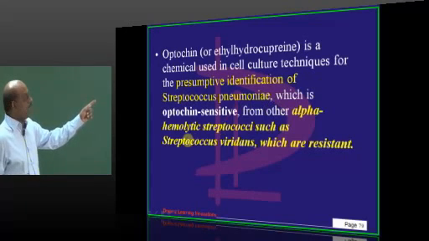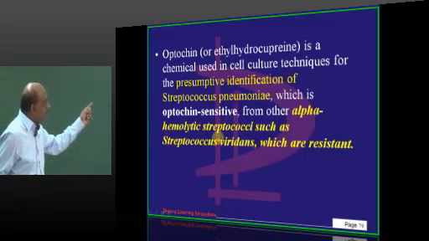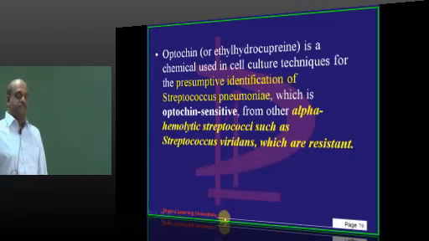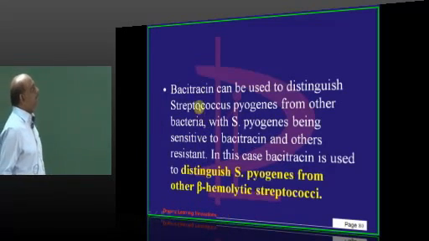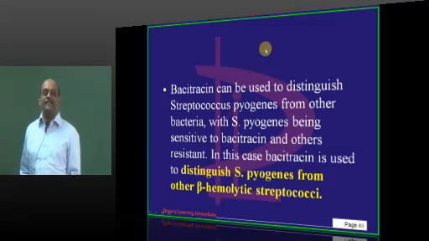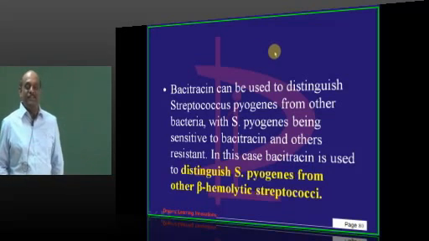Streptococcus pneumoniae is optochin sensitive to differentiate it from all other alpha hemolytic streptococci like Streptococcus viridans. They are optochin resistant. Where do we use bacitracin? Pyogenes also has a P. P concept does not work.